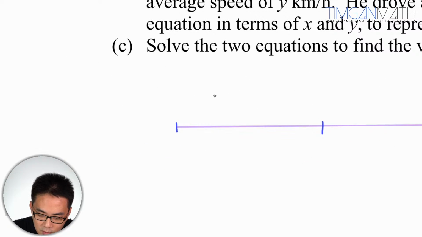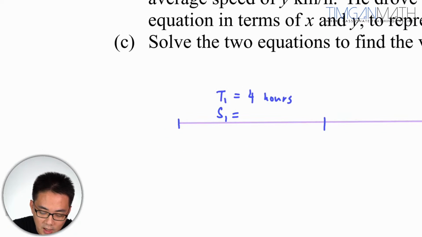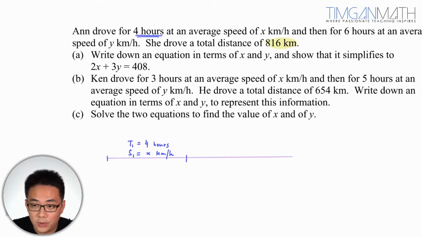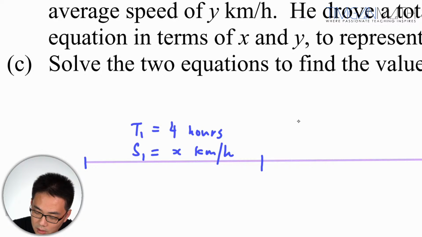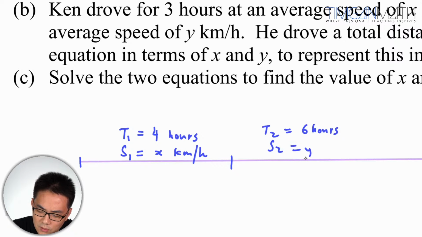Usually I ask students to label T1 as 4 hours, and the average speed S1 is x km per hour. For the subsequent one, she drove for 6 hours, so T2 is 6 hours, and S2 is y km per hour.